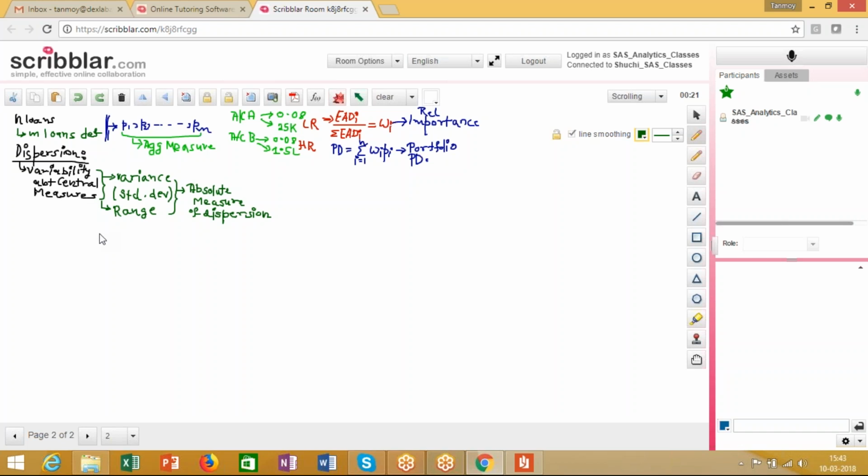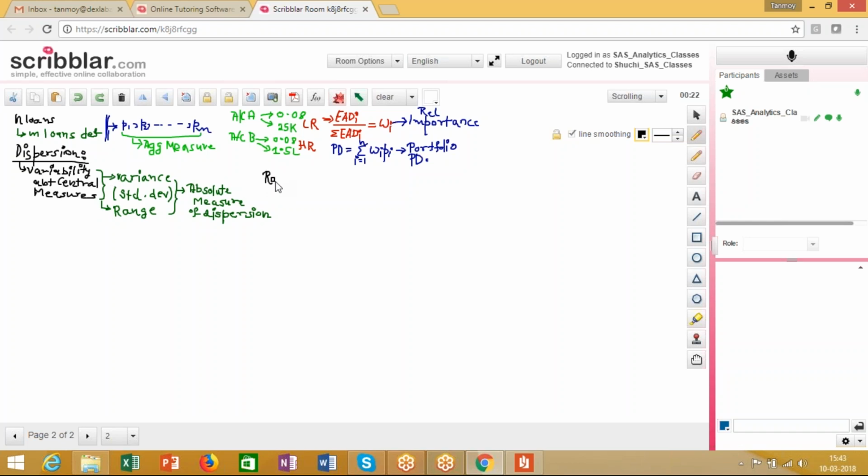Now after the absolute measures, we'll come to discuss the relative measures of dispersion as well. The relative measures will very much stem from the absolute measures, like in all other cases, right? So we'll start off with the absolute measures and then come to the relative measures. Talking about the first measure of dispersion, that is range.